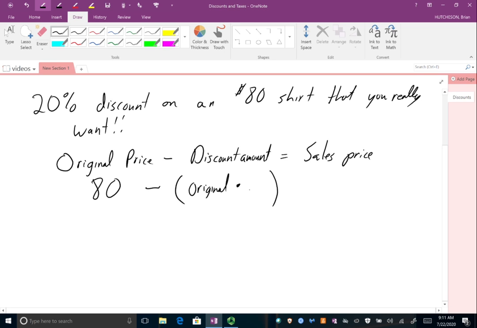We're going to multiply by 0.20. We're going to put it in decimal form. And then this will give us our sales price.